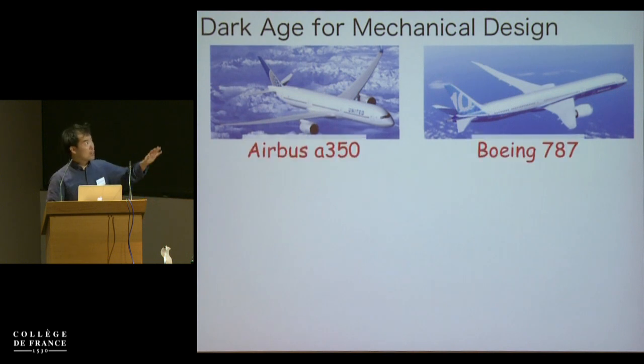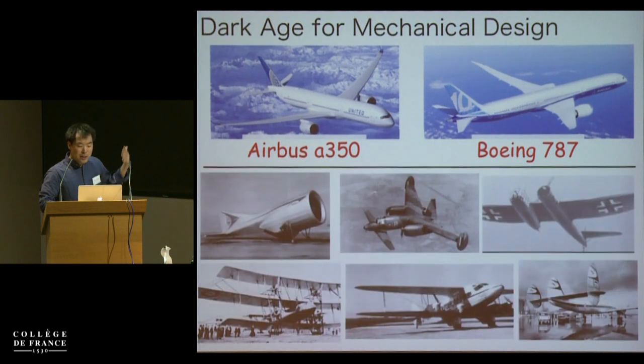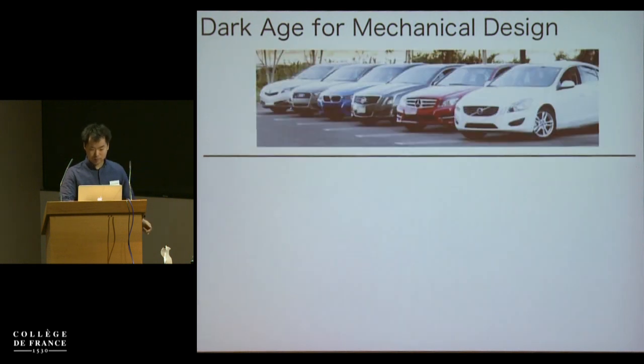There are airplanes from two different rival companies, but they are very similar, and it's boring year by year. In the early stage of airplane development, there were a ton of very nice and unique designs, although they were not very functional, and they died out. But they were more beautiful, I think.